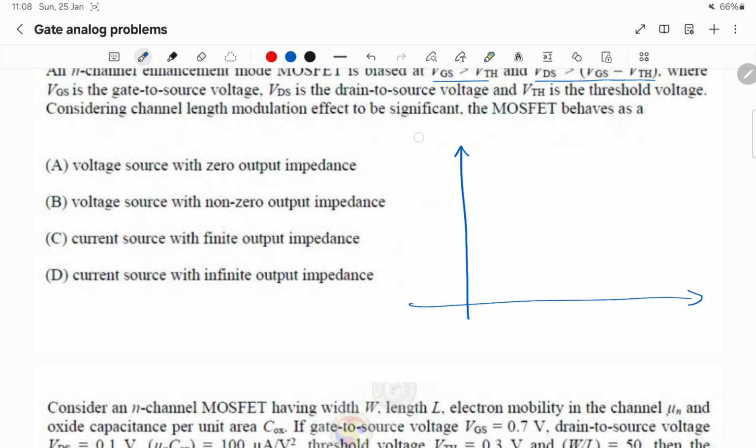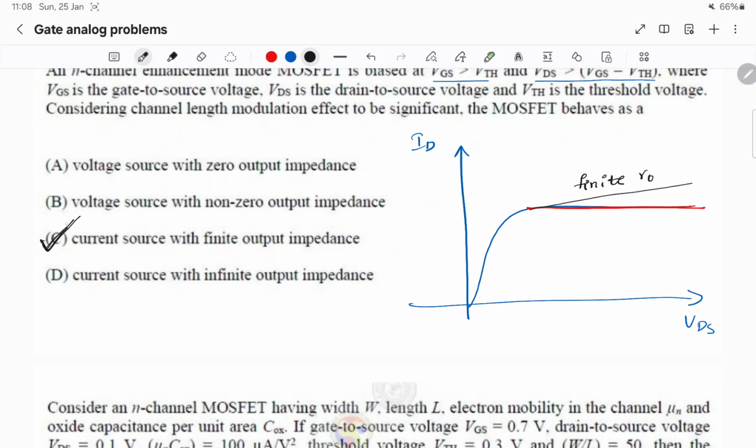When there is channel length modulation, ideally it should behave like a constant current source. But with channel length modulation, it will have a finite slope, so it will behave as a current source with finite output impedance.